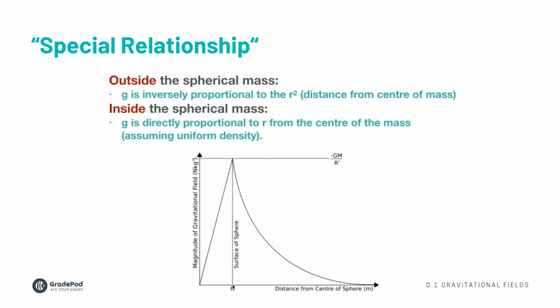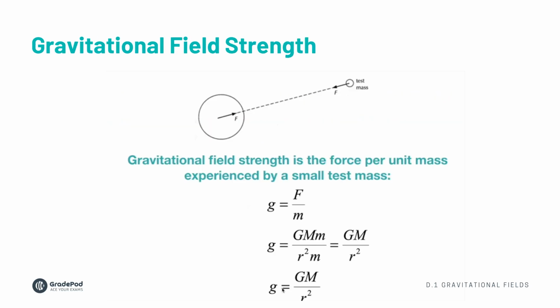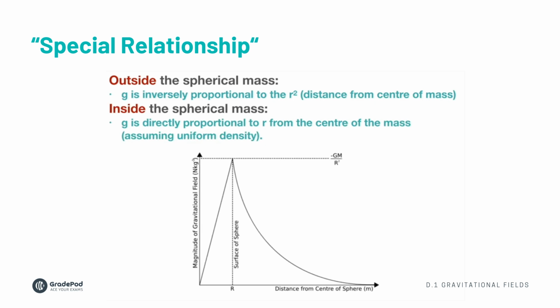So if we go from the surface of the planet and extend away from it, you can see that the gravitational field strength changes depending on the distance from the planet, and it changes with a 1 over r squared factor. And if you go back to the formula, that makes sense to us. g is equal to GM over r squared. If the gravitational constant remains the same and the mass of the spherical body or the planet remains the same, then g is inversely proportional to 1 over r squared. That's what this shows.